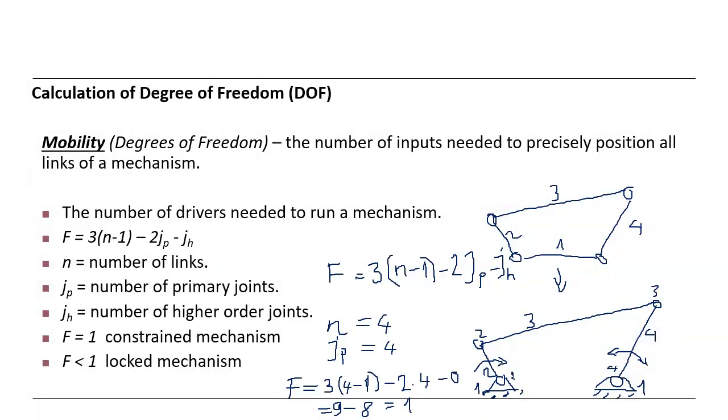What does it mean? With 1 degree of freedom, if we apply a motion to part 2, 3, or 4, all the connected members start to move. We have to apply one single motion to any of these links, and the mechanism starts to move.